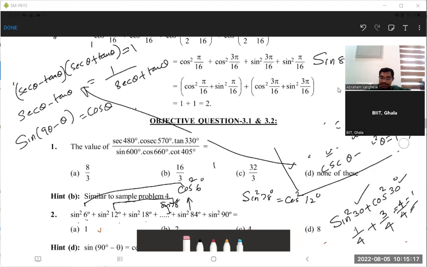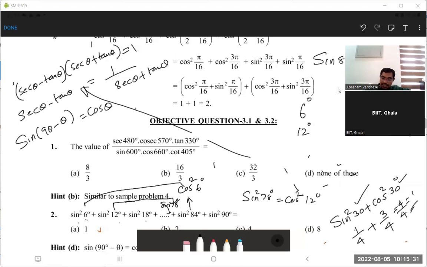Right? So what are we getting? If you write like this, the first, 6 degree, and the last one, 84 degree, can combine. Then 12 degree and 78 you can combine. 18 degree and, again with difference 6, it will be 72.